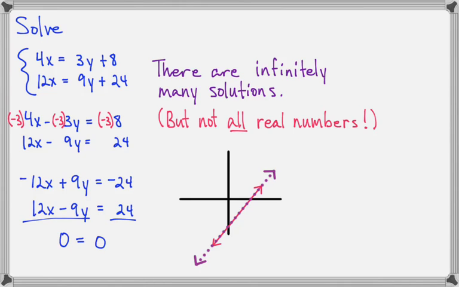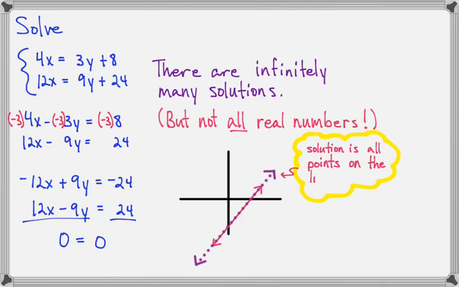So there are two ways that we can state the solution here. The solution is all the points that are on the two lines, and so we can say that the solution is the set of all x, y points such that 4x equals 3y plus 8, because remember that was one of our equations.